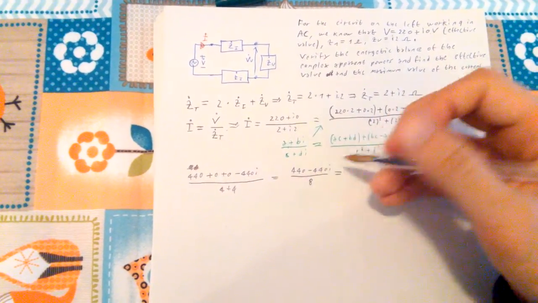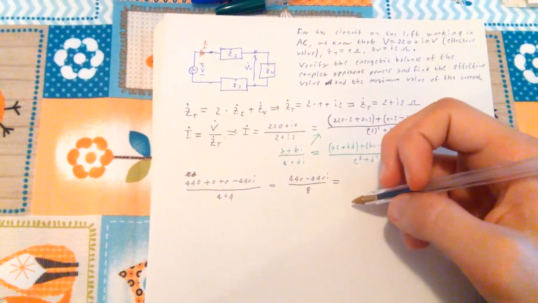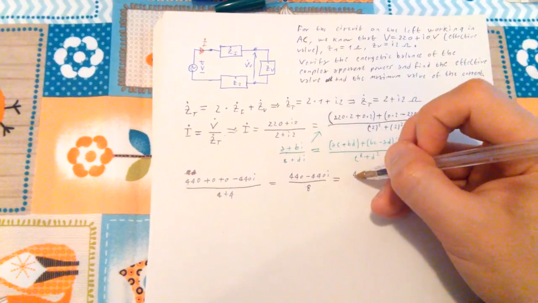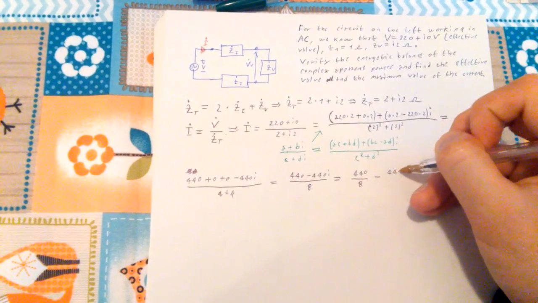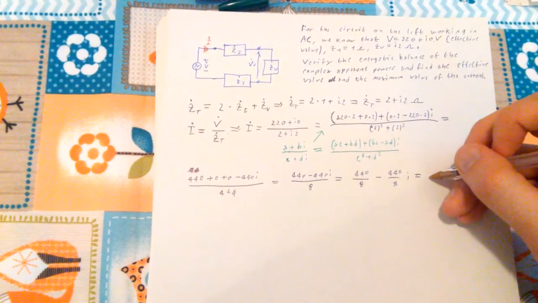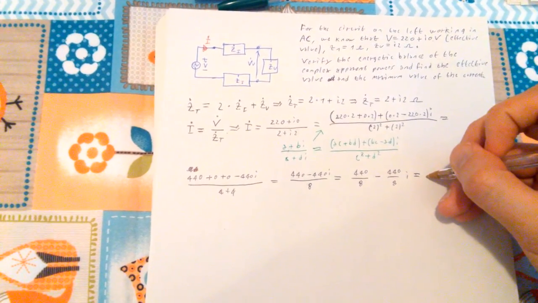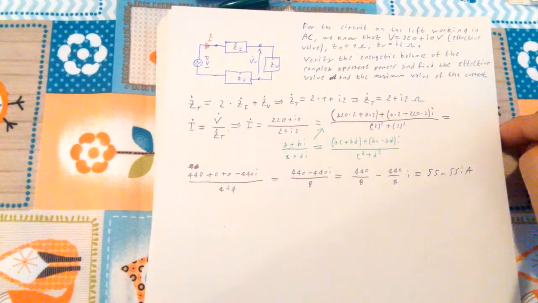Now I can just split the denominator into two separate fractions. So it's 440 over 8 minus 440 over 8 i. I can simplify those two by dividing, and then I get 55 minus 55i amps, since it's a current.